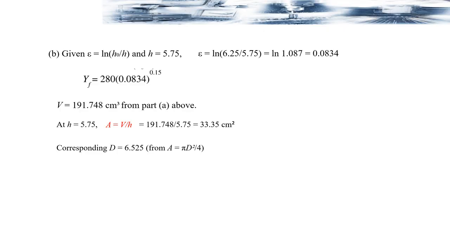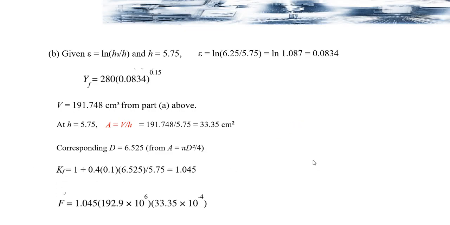Okay, now you can see the diameter has been increased because the height has been decreased to keep the same volume. Now we calculate the Kf. We multiply the Kf by the Yf multiplied by the area, and this will give me the value for the force.